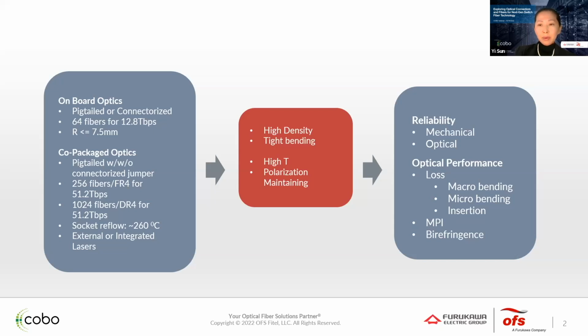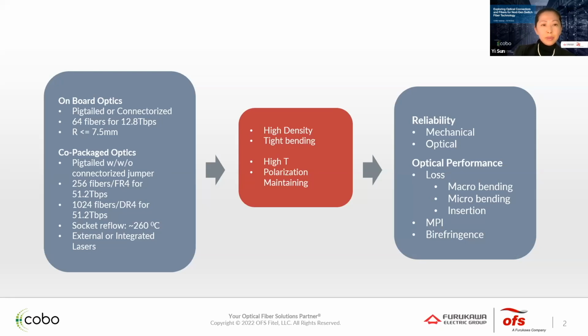And you saw the number in one RU switch could be up to 3,000 in Bulent's presentation. With that larger amount of fibers inside a switch box, a narrow space, the routing of the fiber is challenging, and that requires some tighter bending.